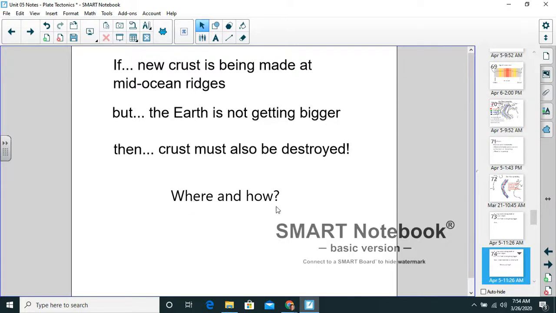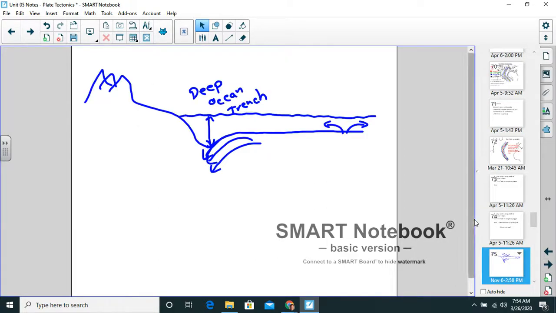Now, the question is, where and how is crust being destroyed? So here's another great diagram where imagine this is my continent, here's my ocean. Let's imagine this is by the mid-ocean ridge. I didn't draw it raised up, but let's say right here the ocean is spreading apart. We have new crust being formed.